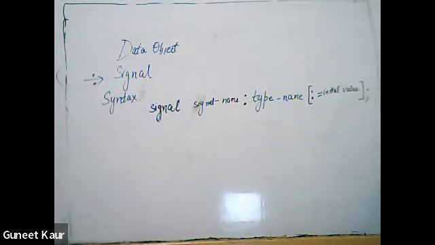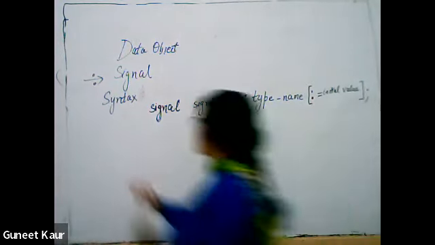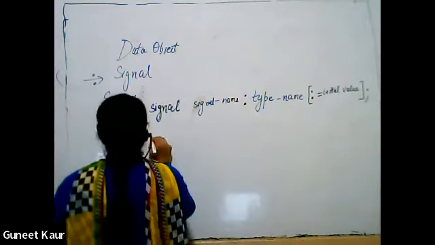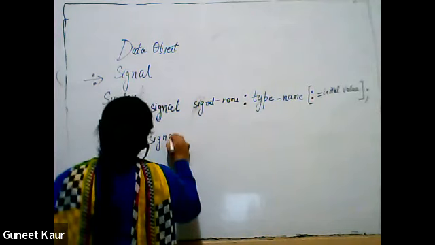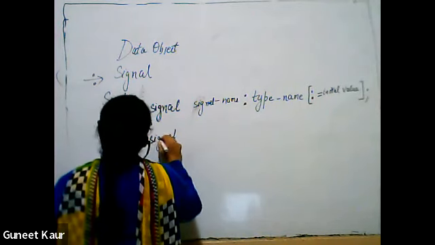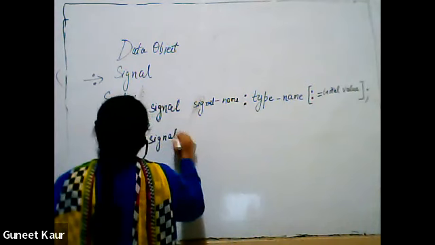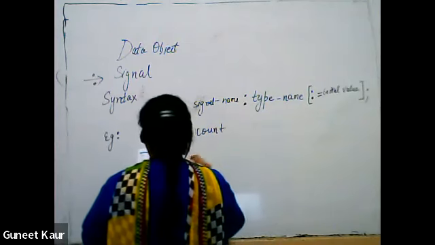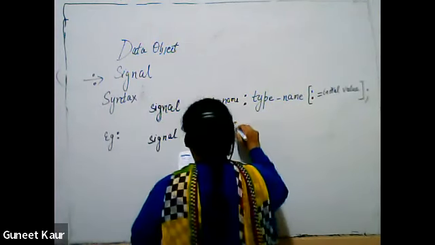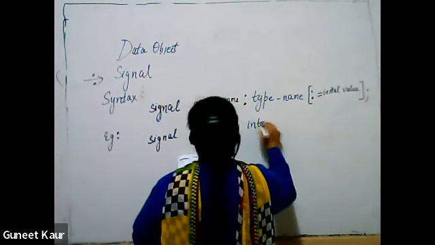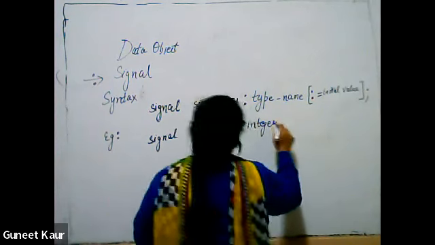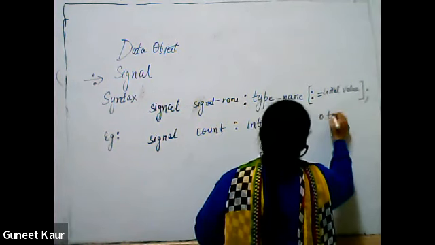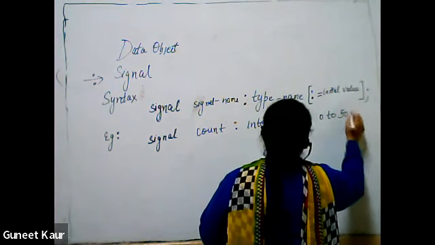Now I will write the examples for the signal. The examples are: signal, the keyword, bolded, then signal count, colon, integer, range 0 to 50, semicolon.